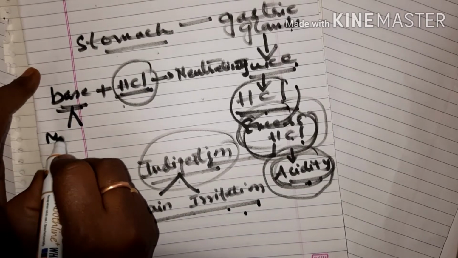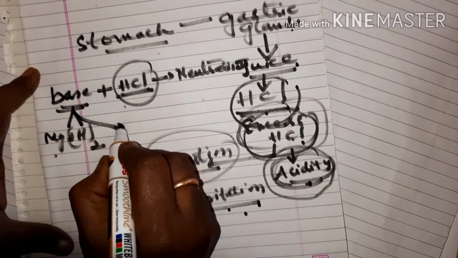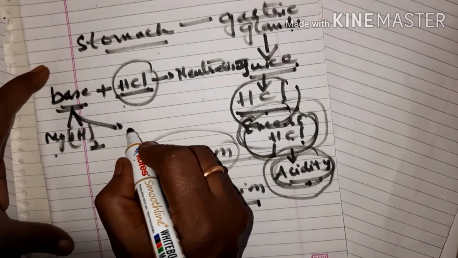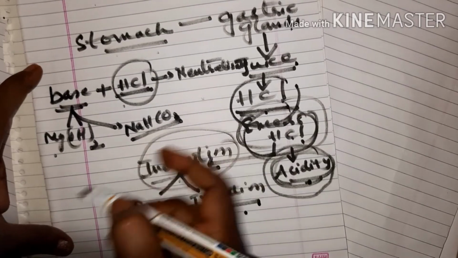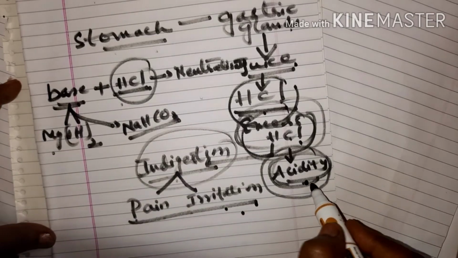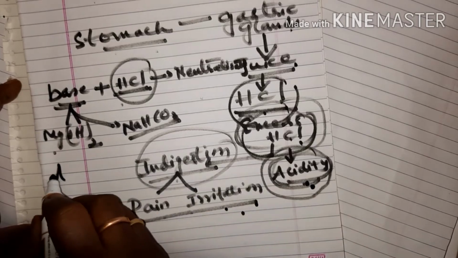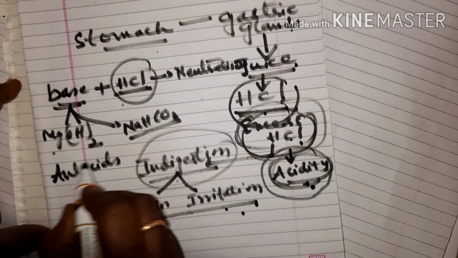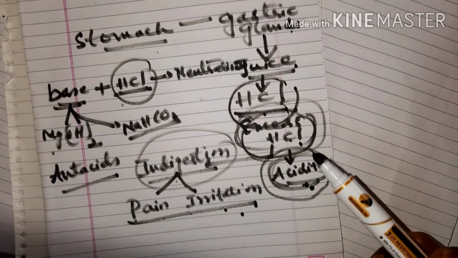One is Mg(OH)2, milk of magnesia, or magnesium hydroxide, and one more is baking soda, NaHCO3. These are the two bases which are used to neutralize the acidic concentration in the stomach and get relief from the pain. We call them antacids.